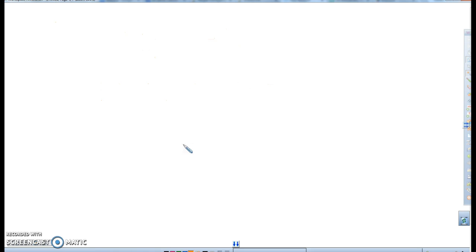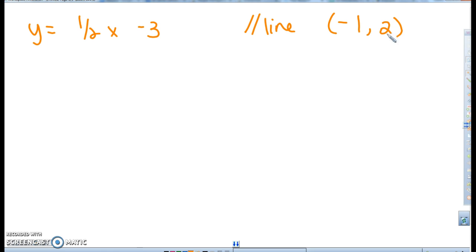So let's go ahead and we'll start with a line, y equals 1/2 x minus 3. And I want to write the equation of a line that is parallel, and it passes through the point -1, 2.